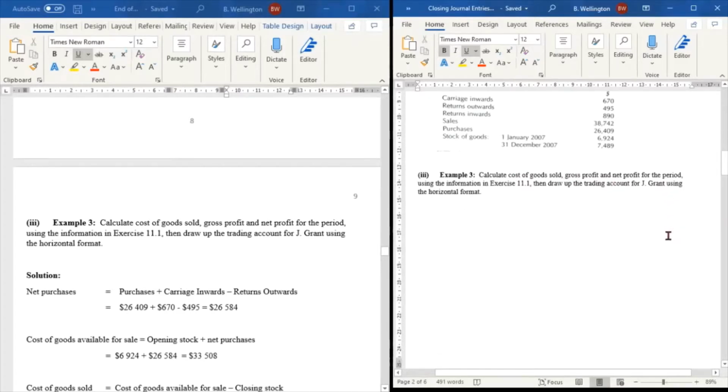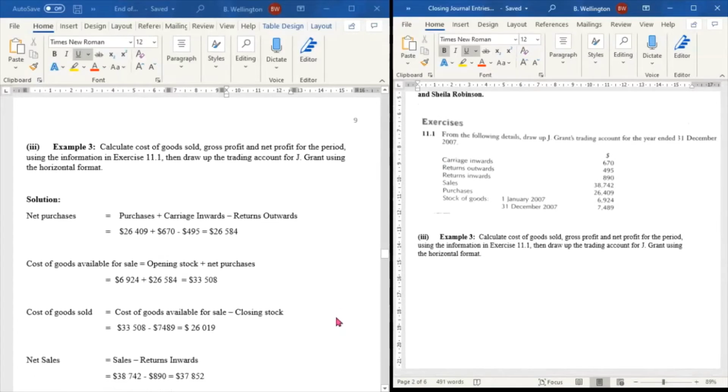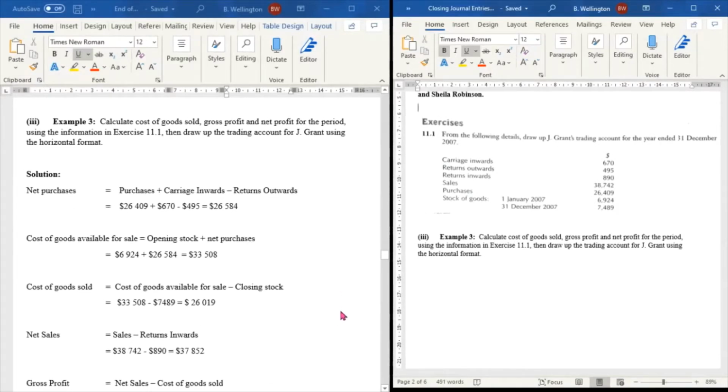All right, so following from what we learned earlier, net purchases is equal to purchases plus carriage inwards minus returns outwards. Now let's find those values. Purchases was $26,409. Carriage inwards was $670, and returns outwards was $495.